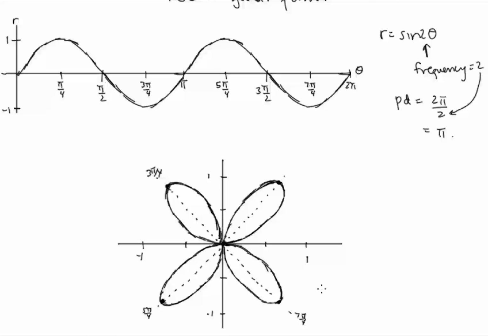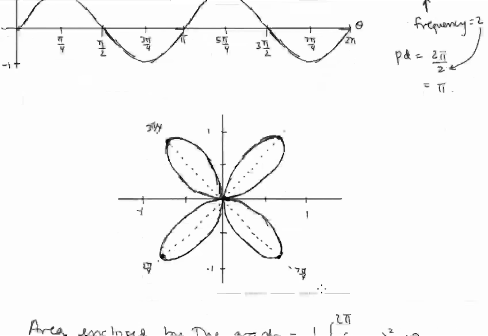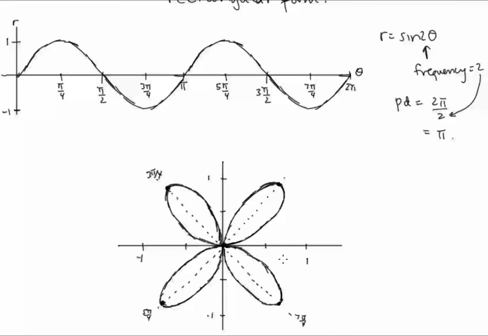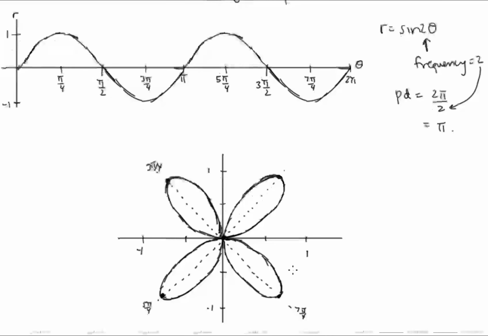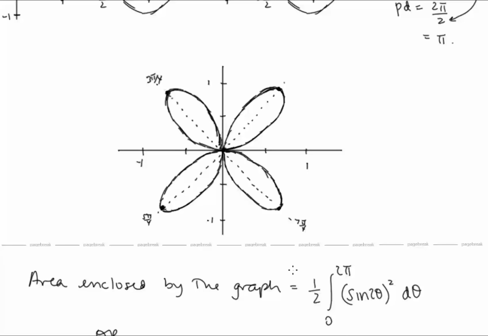So now we're here, and we want to find the area enclosed by this graph. We have two options. We realize that in this graph, theta went from 0 to 2 pi to cover the entire graph. And so we could set up our integral as 1/2 integral from 0 to 2 pi of sine of 2 theta squared d theta.